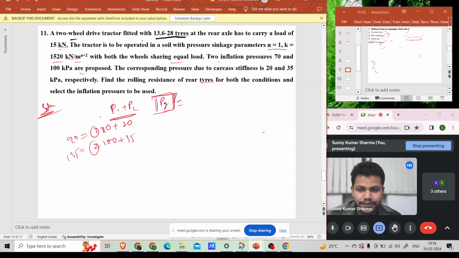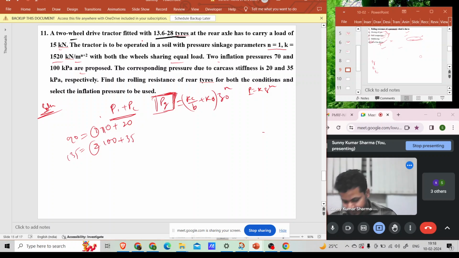PG, how do you calculate ground pressure? The expression is Bekker's equation: P is equal to kz to the power n. So P will be (Kc by b plus Kphi) into Z0 to the power n.